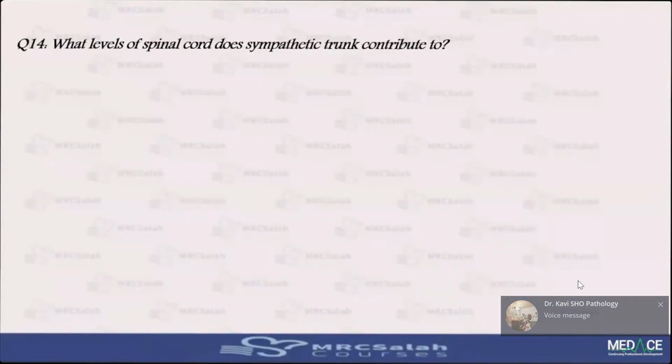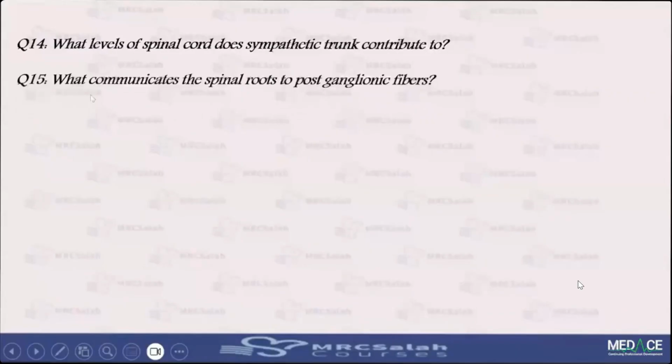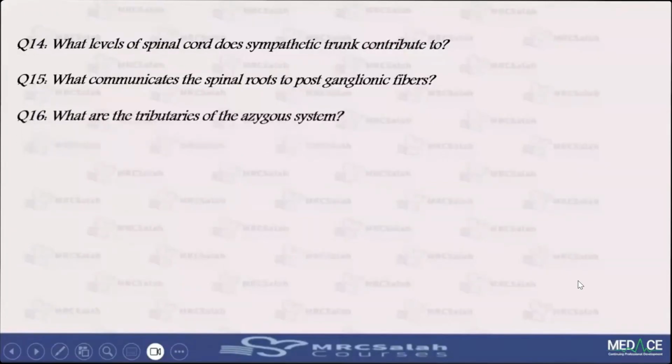The thoracic 1 to lumbar 2. Yes, it's thoracolumbar, so it involves all the thoracic and the first two lumbars. What communicates the spinal root to the postganglionic fibers? The gray and white rami communicantes. Yes, and ganglia, definitely. What are the tributaries of the azygos system?